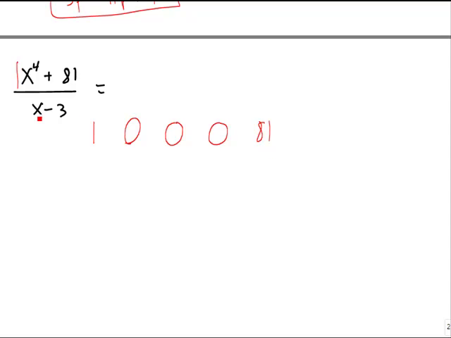What we're dividing by is where this denominator would equal 0, and that's going to be at +3. So that 3 goes in our little box off to the left. And we're going to draw our line. The first coefficient comes down unchanged, and then we multiply. 3 times 1 is 3. Add down. 0 plus 3 stays 3. Multiply again. 3 times 3 is 9.